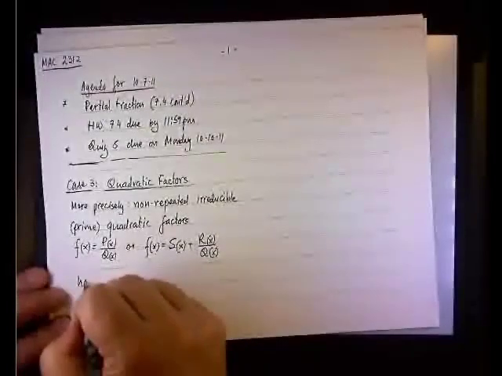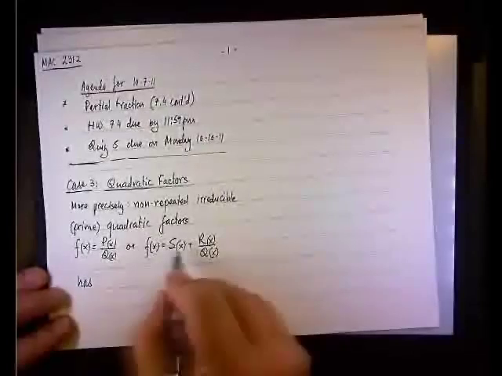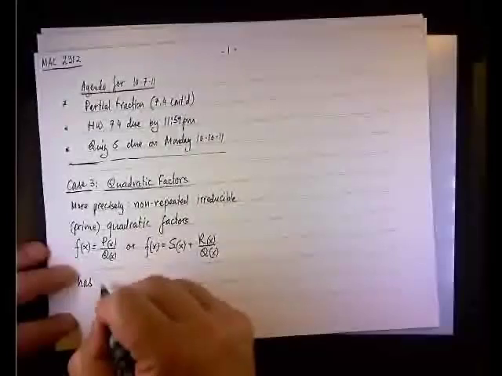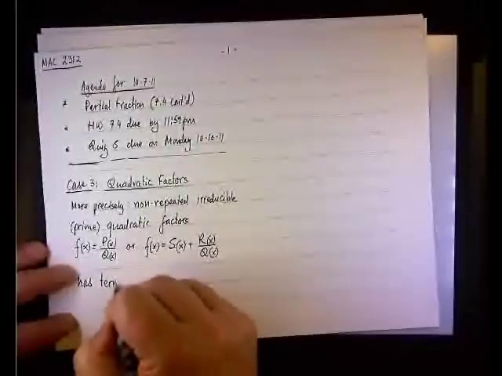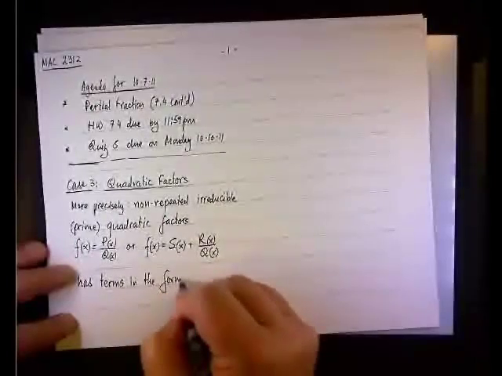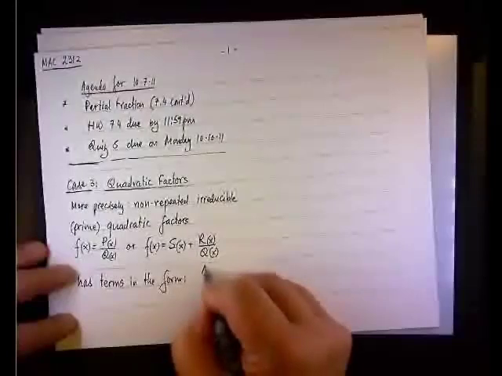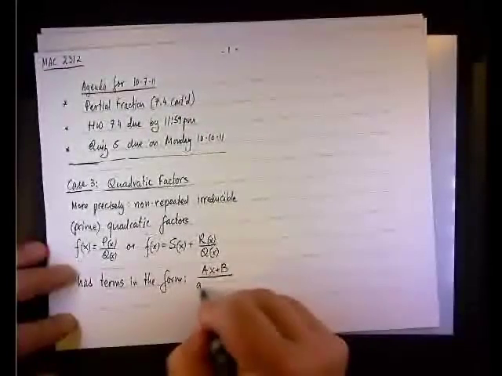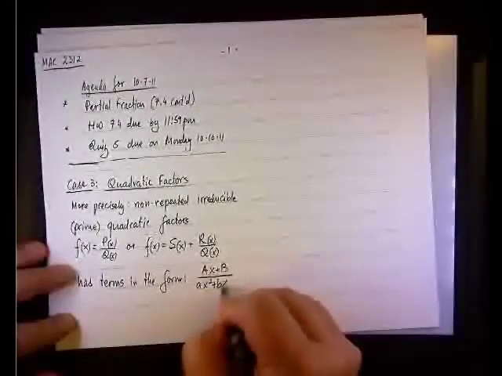So in this case, the integrand f of x has terms in the following form: ax plus b over ax squared plus bx plus c.